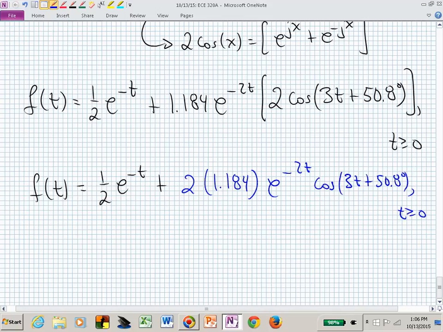And that's now a real function of time. And how long will it take before that f of t disappears? What is infinity in electrical engineering terms? 5 tau, 5 time constants. How many taus do you have there? Tau.